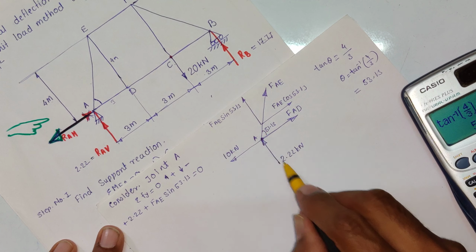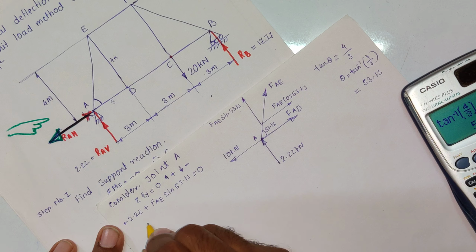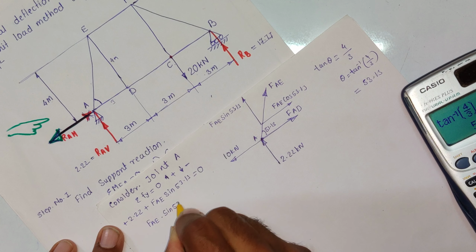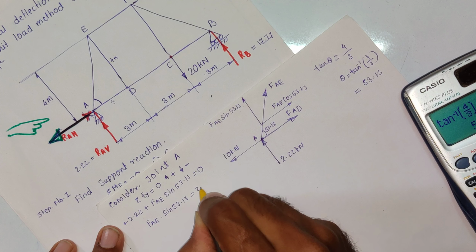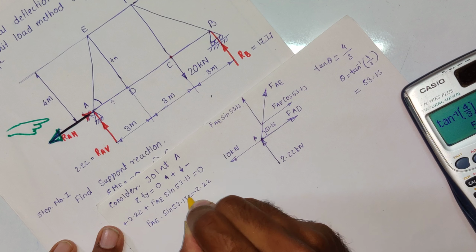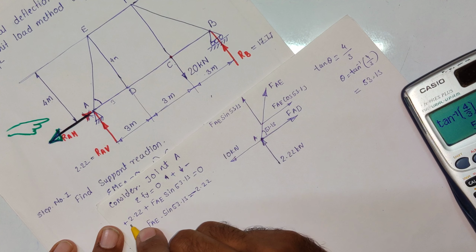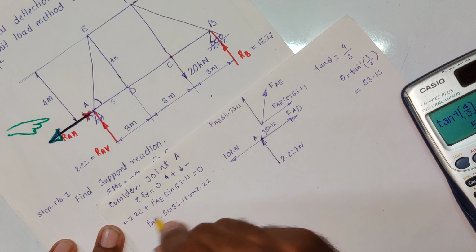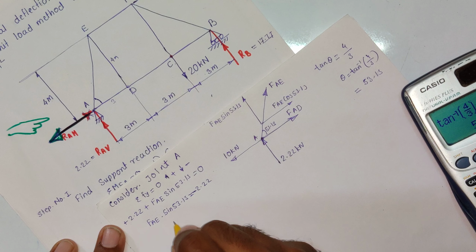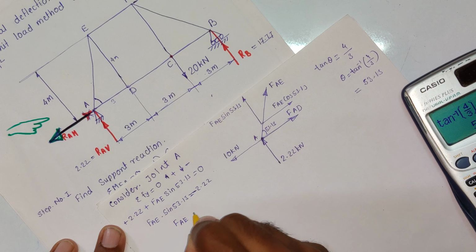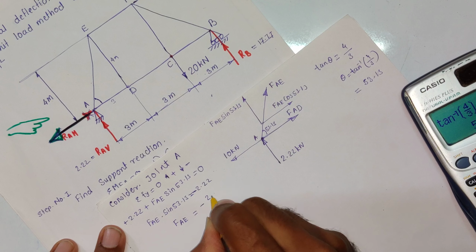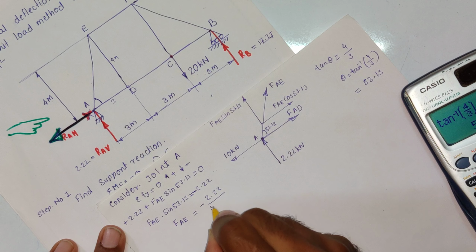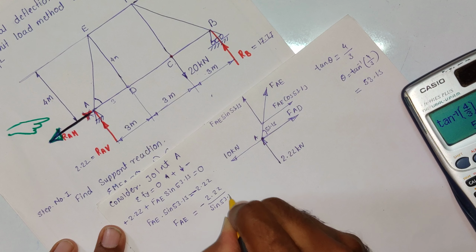Only two vertical components, so FE into sine 53.13 is equal to 2.22 minus, here it is plus, on opposite side that become minus. So FE is equal to minus 2.22 upon sine 53.13.